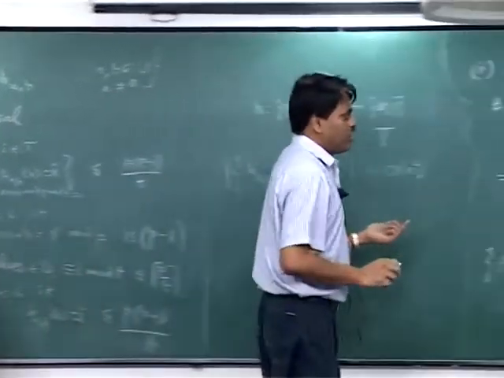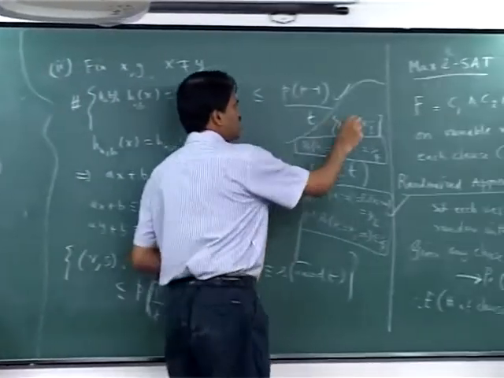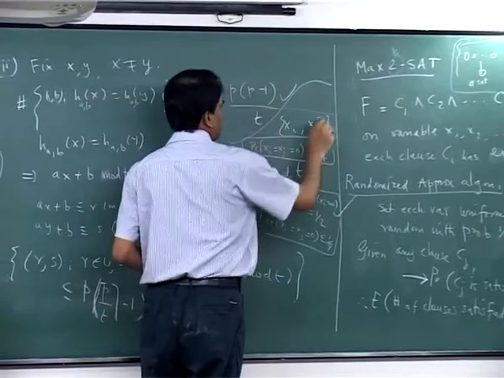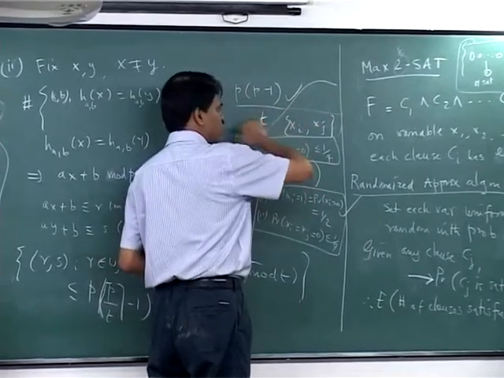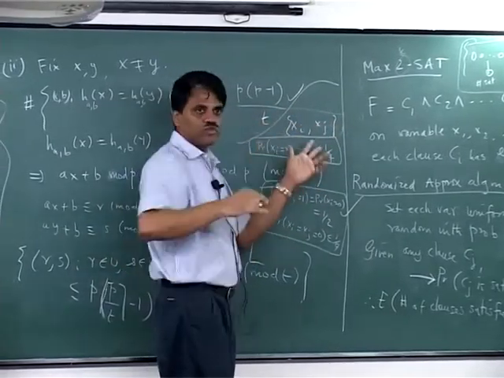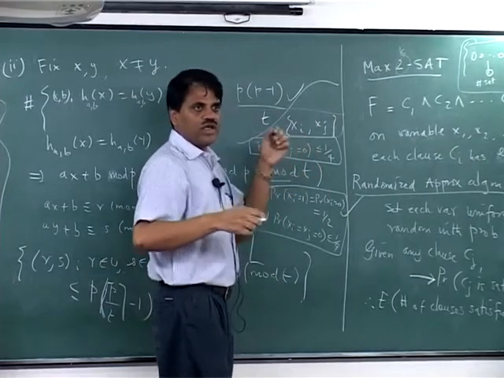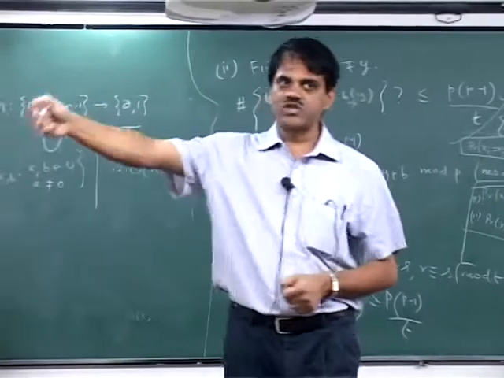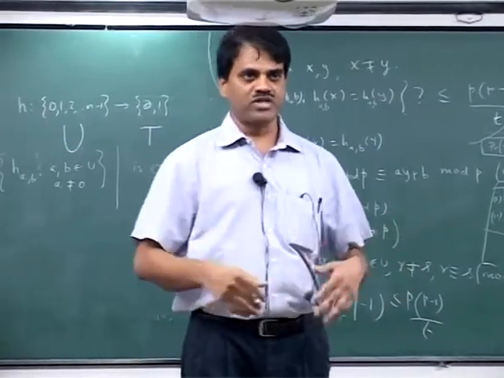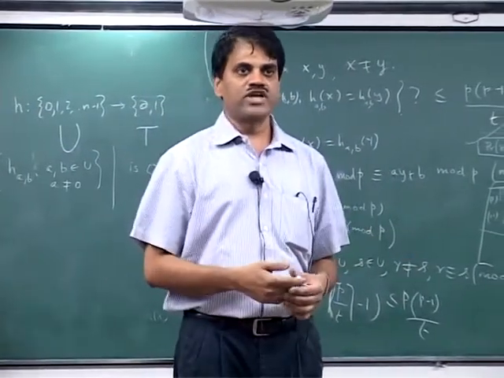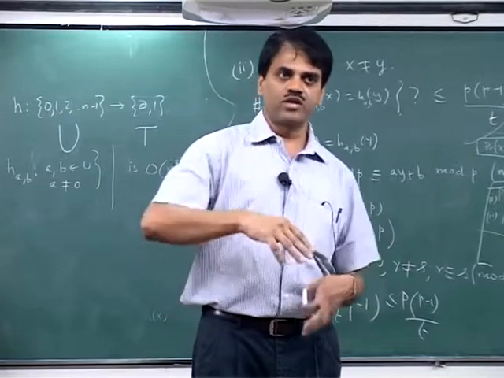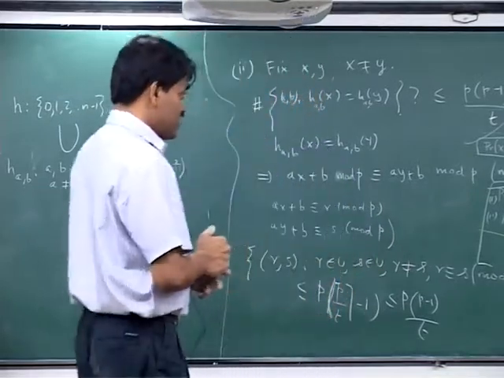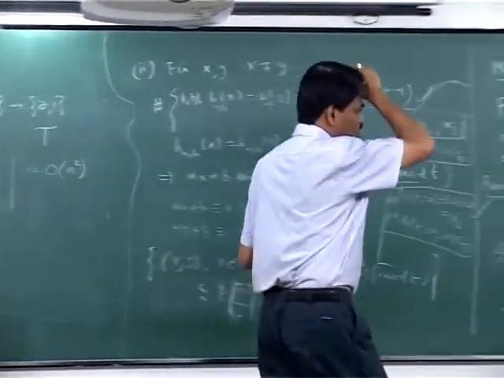When I look at a clause, I want to make sure that the variables are k-wise independent, so the probability that they all become 0 is at most 1 by 2 to the k. To argue that, I want to argue that setting this and this and this and this does not affect this. So that's this k-wise independence. So there is this k-wise family of functions that can all be used to de-randomize. So this is a very nice tool to de-randomize.